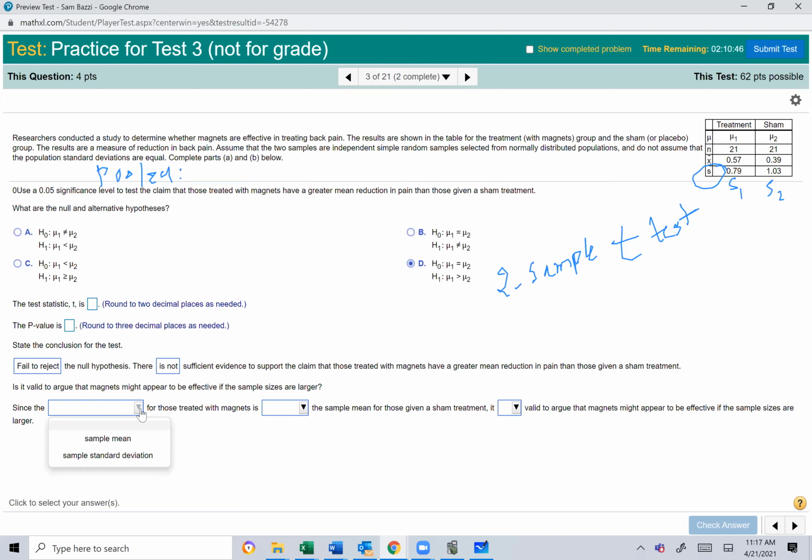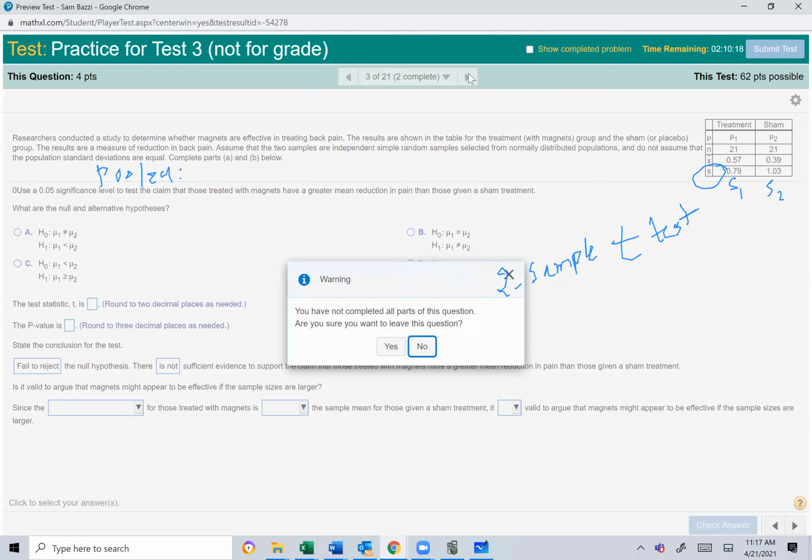Yeah, if the sample sizes were larger, it might appear that they are more effective. But look at the sample size, guys. It was only 21. That is a small sample size to compare. And the other issue, look at the variation. The variation is very, very large here. Look, the standard deviation, the variation is even bigger than the mean itself. That's another factor that affected the results.